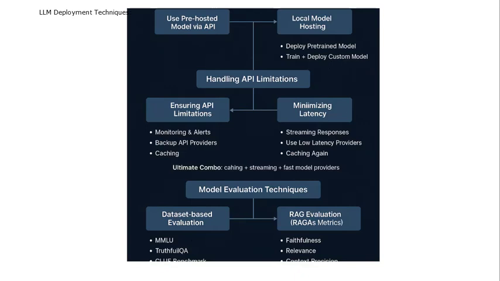You can also do test-based evaluation. During test-based evaluation, we have two options. One is standardized test cases, where you fix the input as well as the output and check how the model responds.